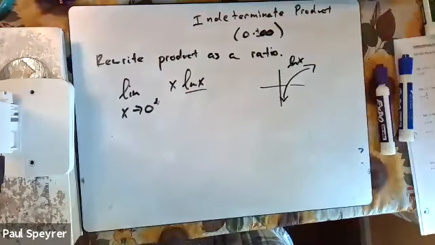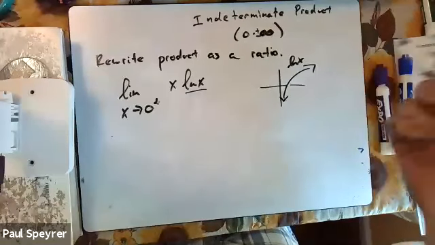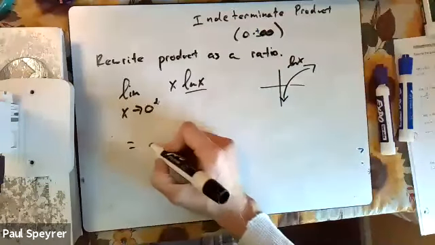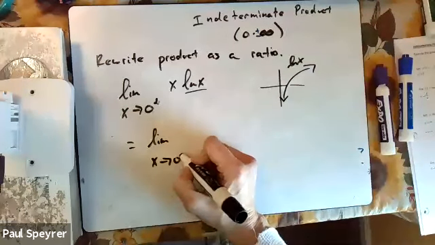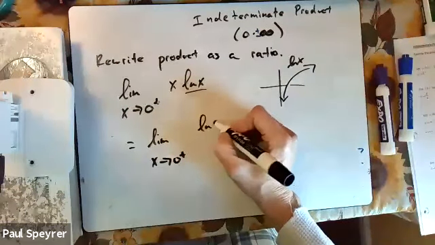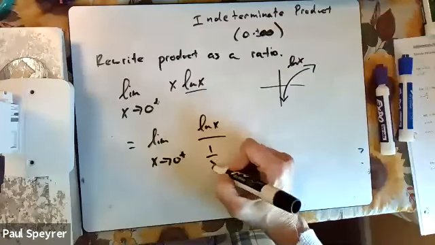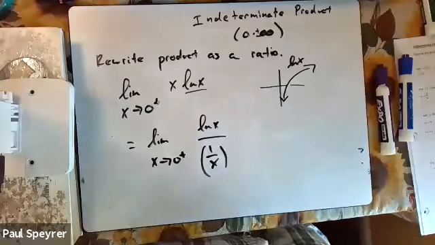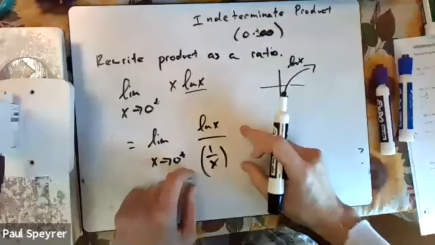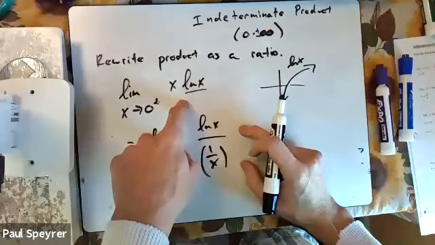So how do we rewrite this as a ratio? Well, I can say this is equal to the limit as x approaches 0 from the right of ln of x over 1 over x, just like that. This is still equal to the original, right?